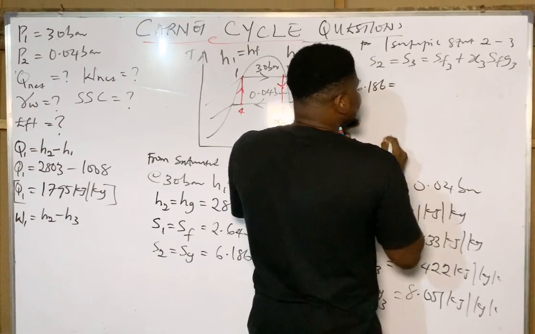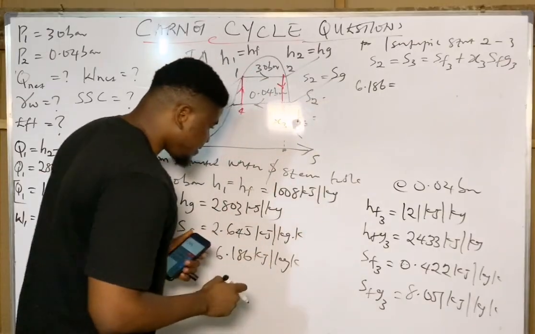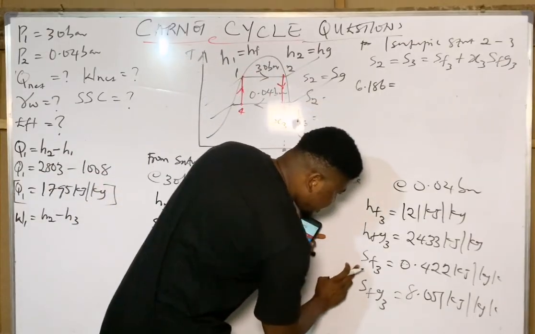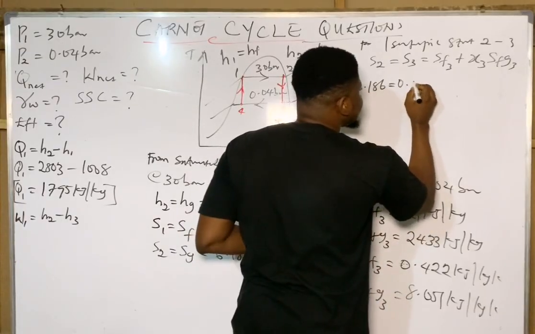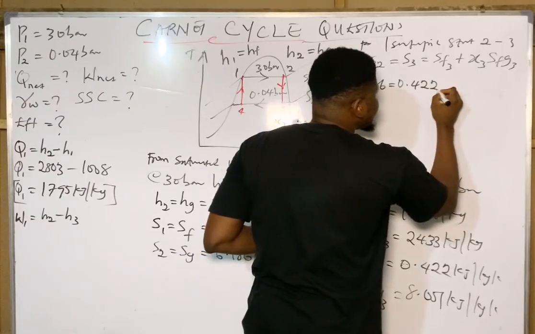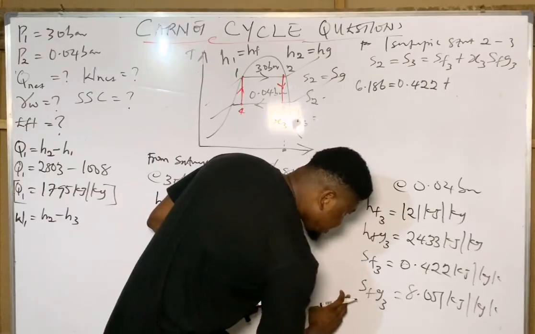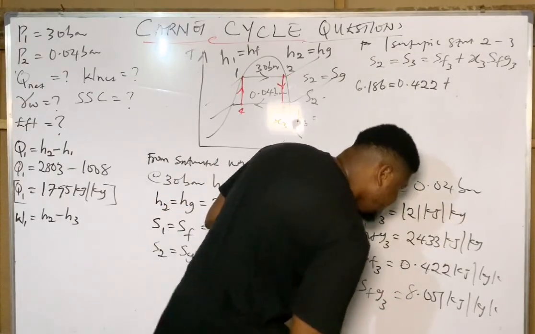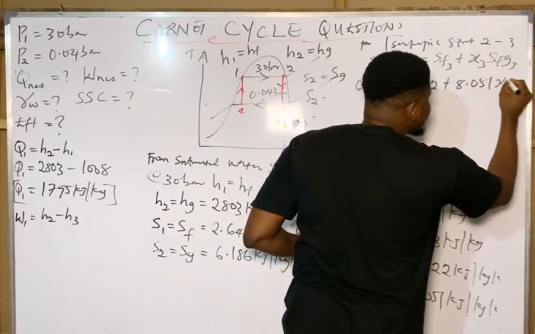So 6.186 is equal to SF3, which we found from here. SF3 is 0.422. So you have 0.422 plus X3 multiplied by SFG3. SFG3 gave us 8.051, so you have 8.051 X3.